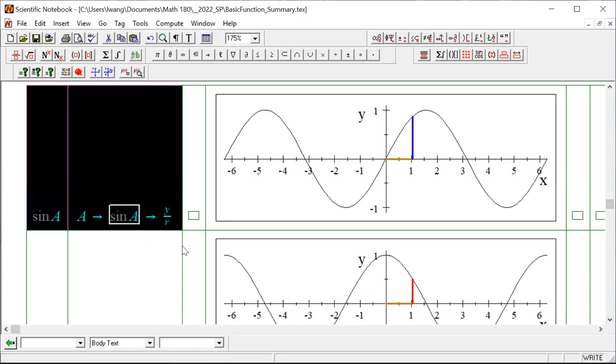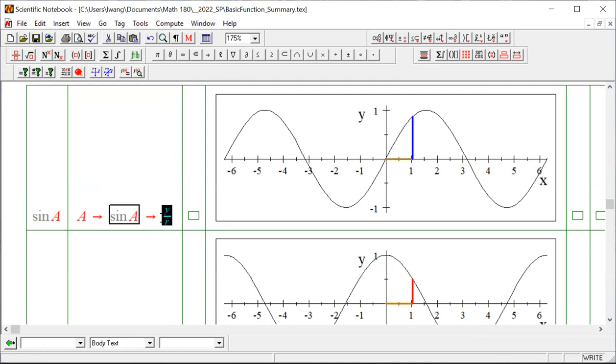Sine function, as a sine ratio. So input is angle, output is sine ratio. And in this graph, we have that unit circle we're pretty familiar with. On this graph, the input we can use the gold, and the output is blue.